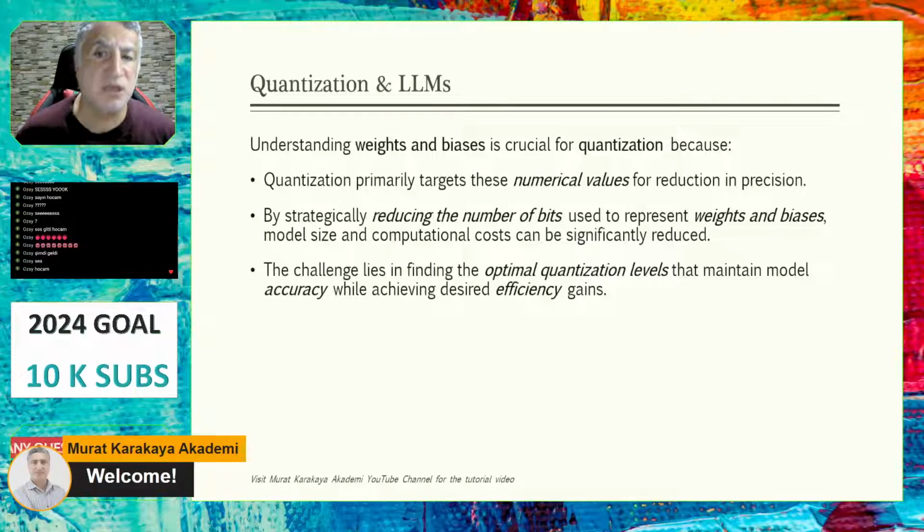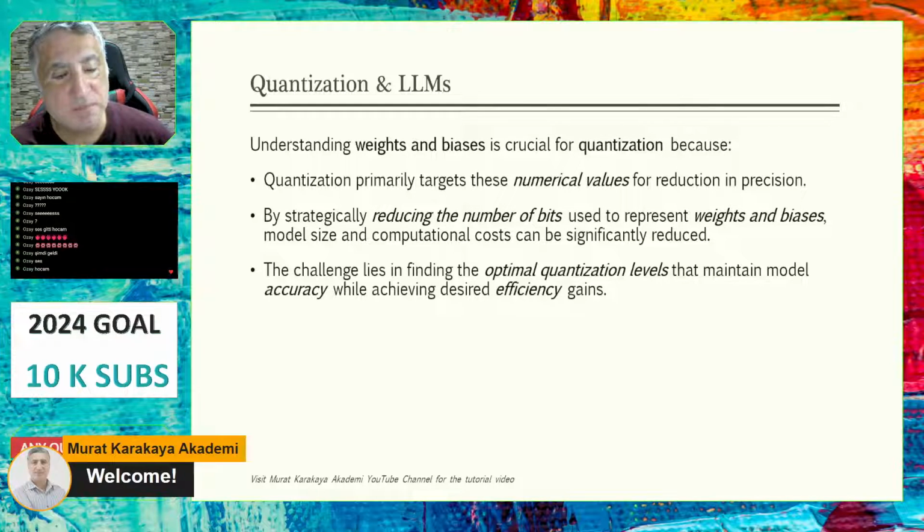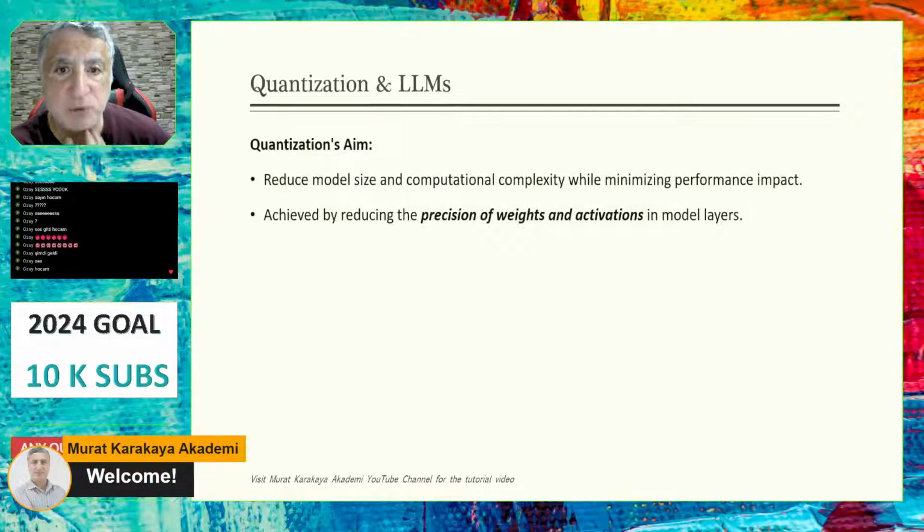So quantization means that we would like to decrease the representation of the numbers in the sense of using bits. I will provide you several examples, but you need to keep in mind that weights, activation functions, and biases all consist of numbers, and all the numbers are represented in the computer by using some number of bits.